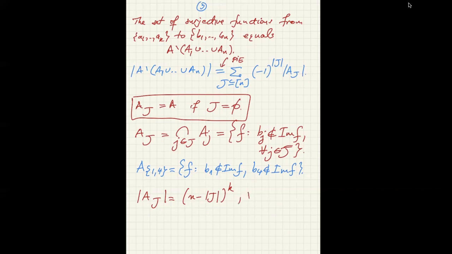So this is true for any J a subset of n. Okay, and now with this formula, we go back and we plug it in here.